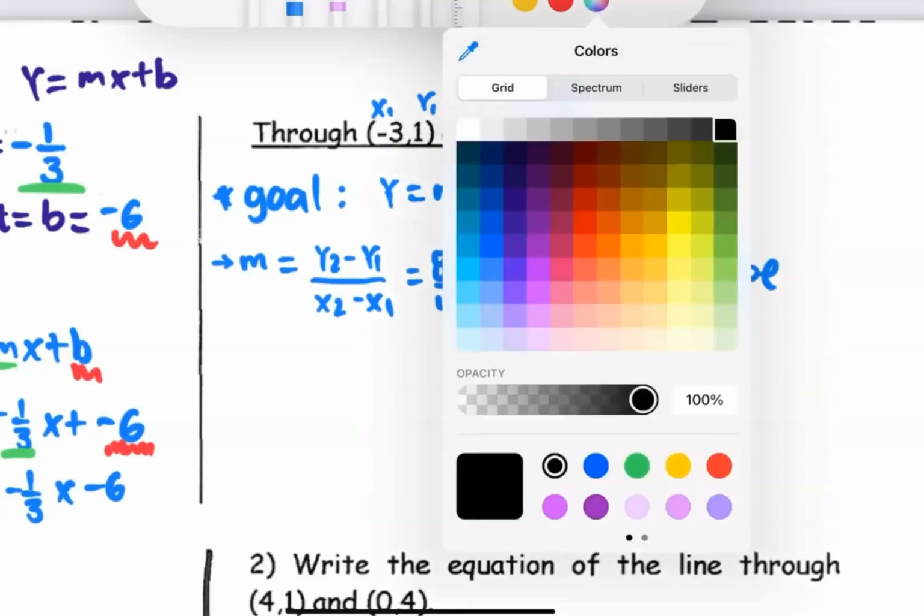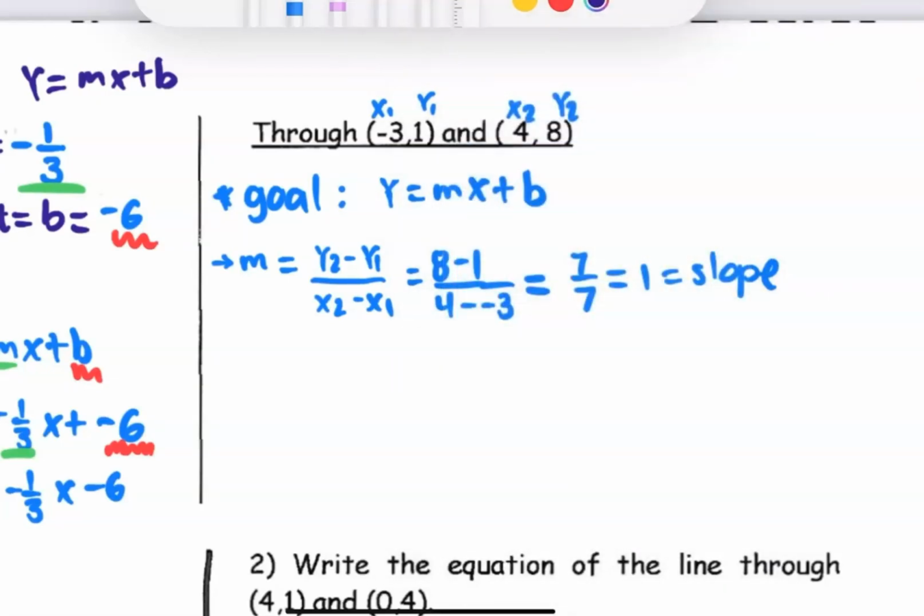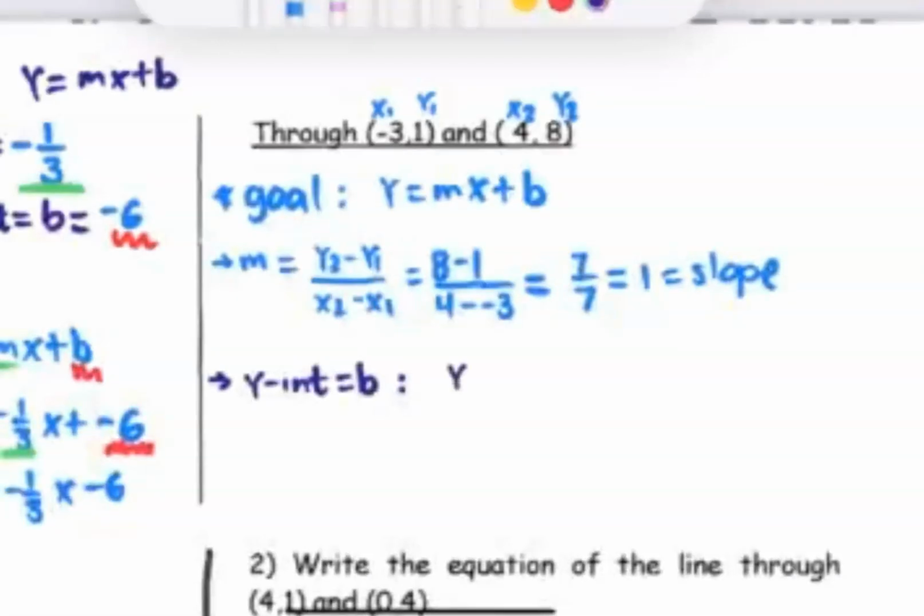Now I need to go ahead and find the y-intercept. To do this, we have an extra step because it is not given to us. So we actually have to go ahead and do some work. Remember, y is equal to mx plus b.